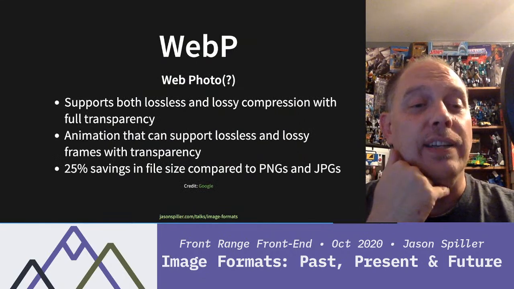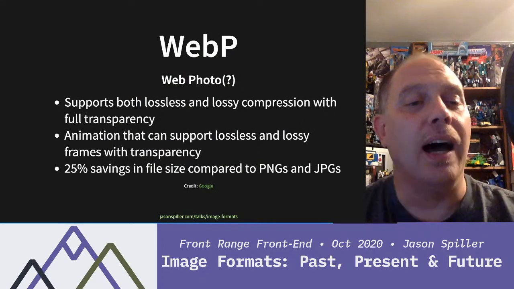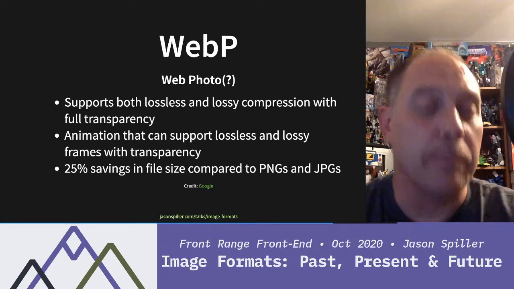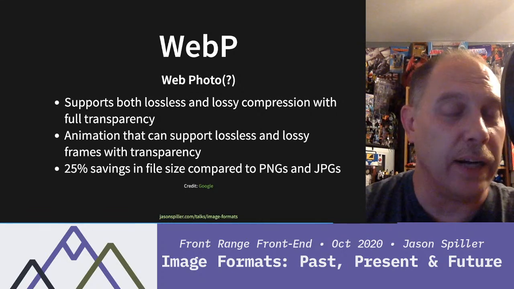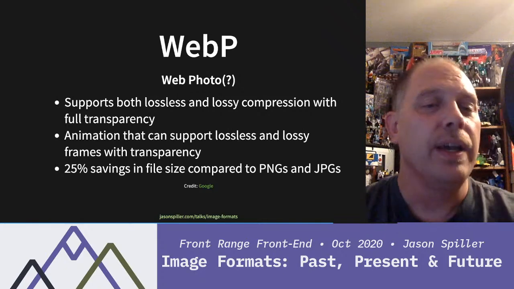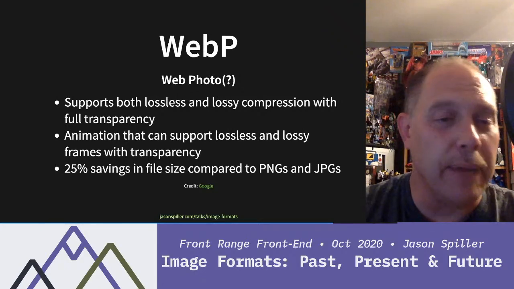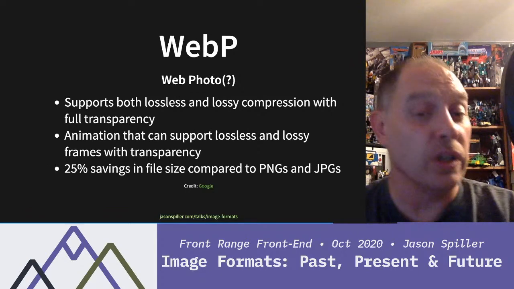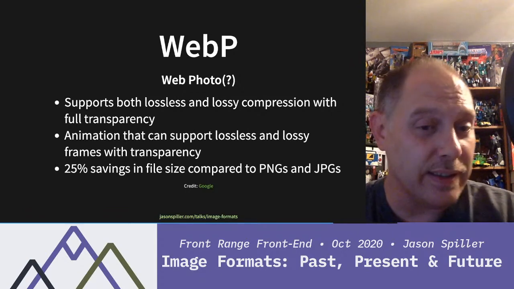Like I mentioned with WebP, it supports both lossless and lossy compression with full transparency. So we've got those benefits of the PNG and the JPEG there. Animation that can support lossless or lossy frames with transparency.